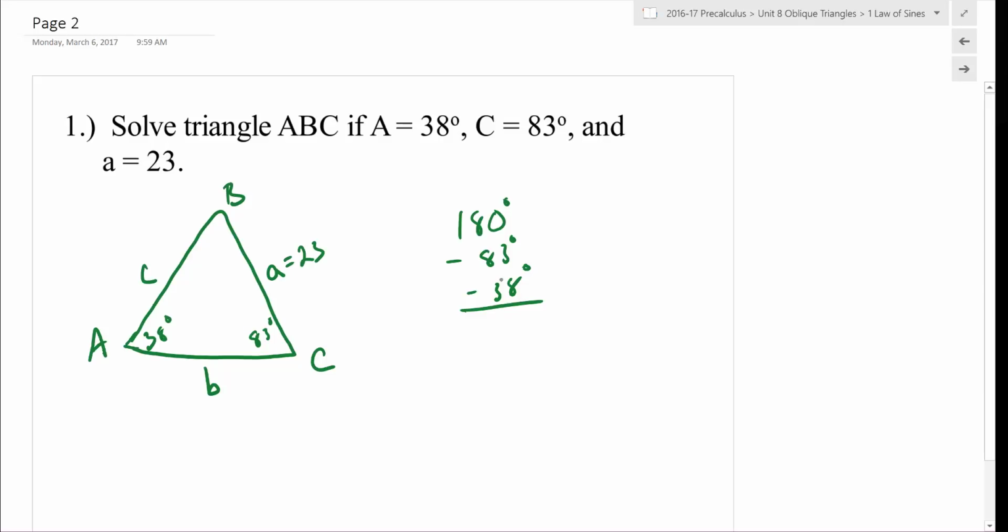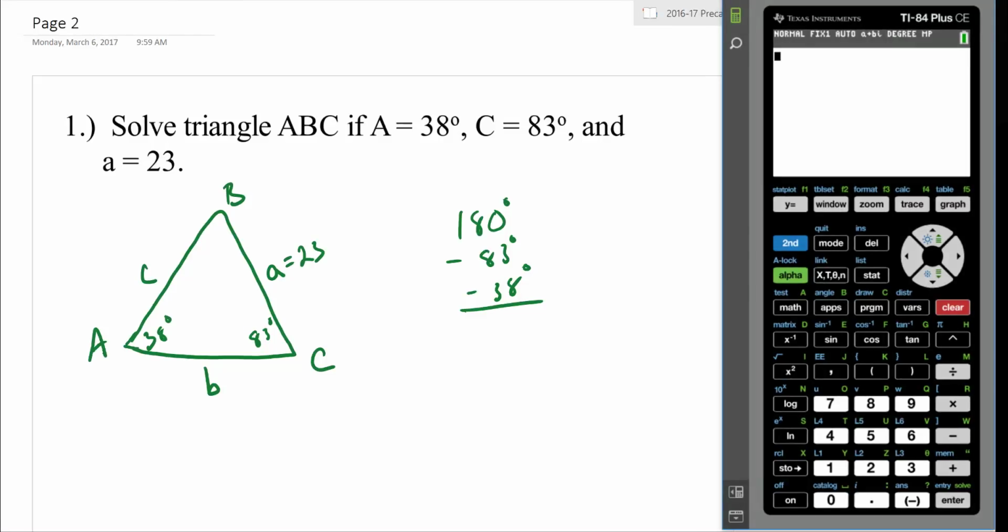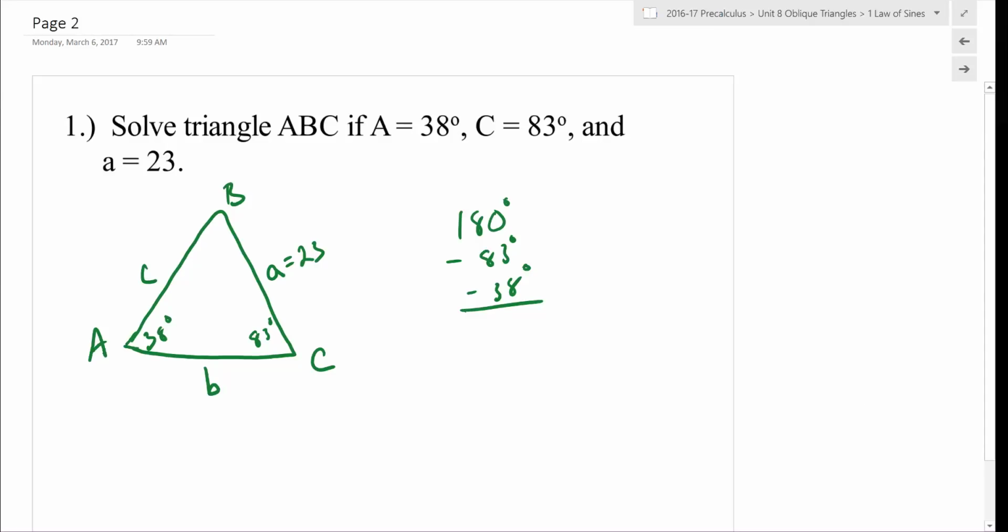I'm going to use my calculator real quick for that. 180 minus 83 minus 38. And I find that angle B has a measure of 59 degrees. So now I know all three angles and I know one of the sides.